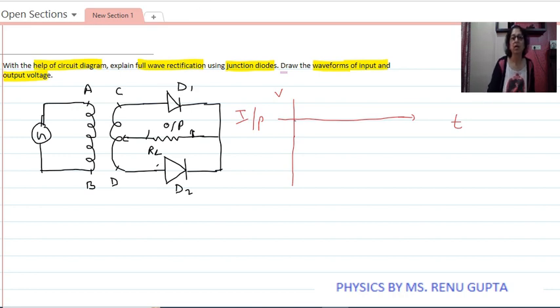Input is AC, this is positive half, then this is negative half, then again positive half, then again negative half.